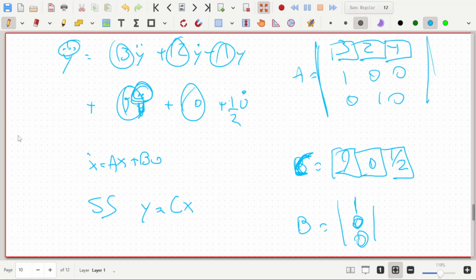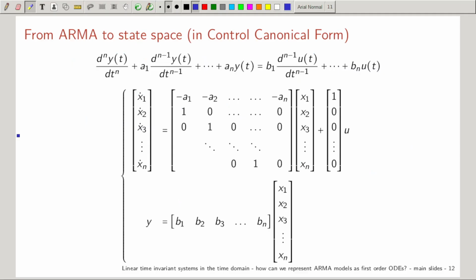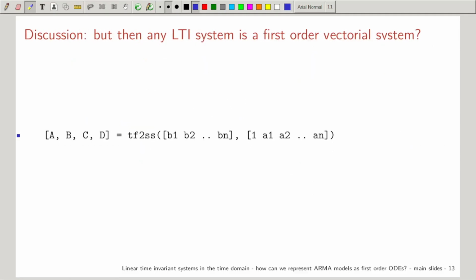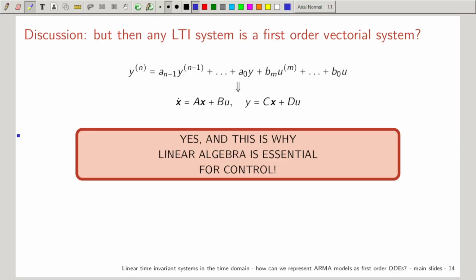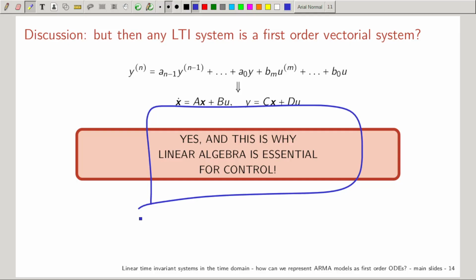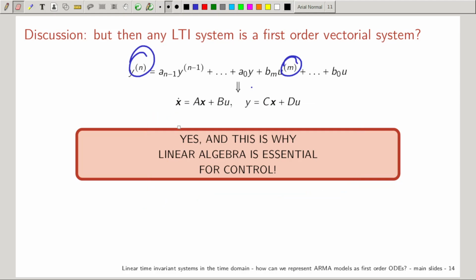Together? Any LTI system written in ARMA can be translated into a state space. If we have this one bigger than this one, there are other forms that we do not see in this course, but eventually it boils down to something that will look like this.